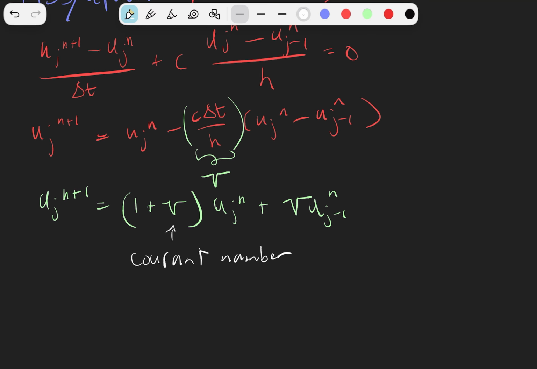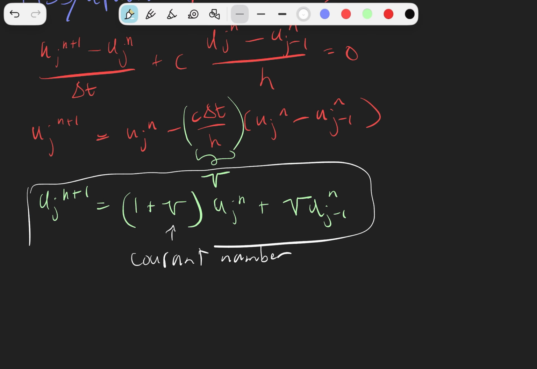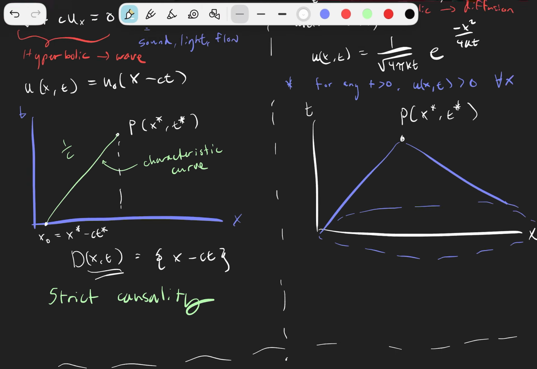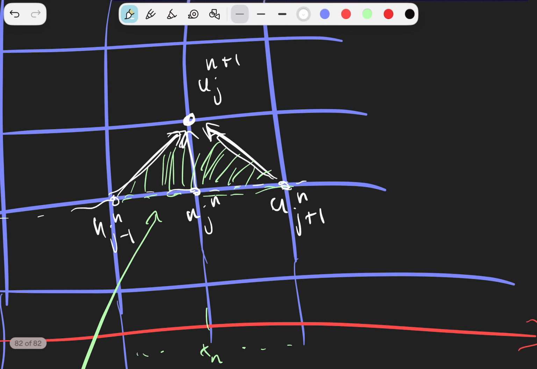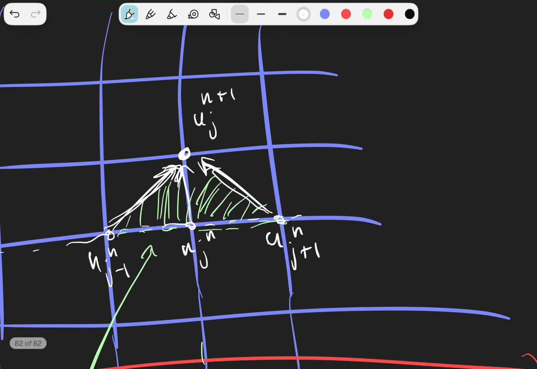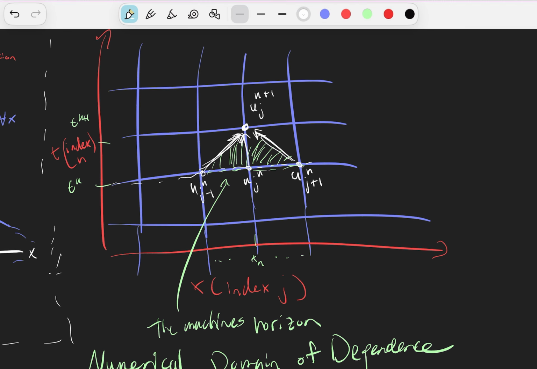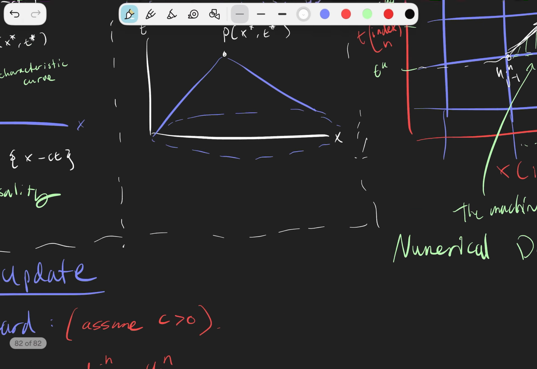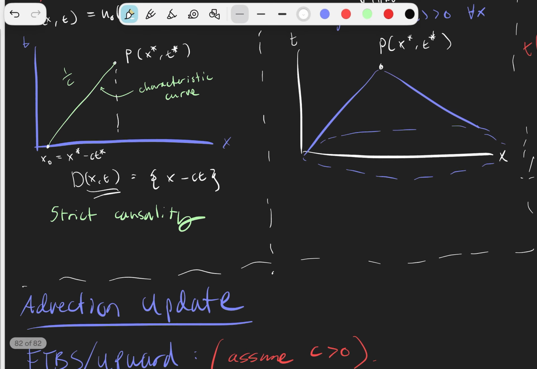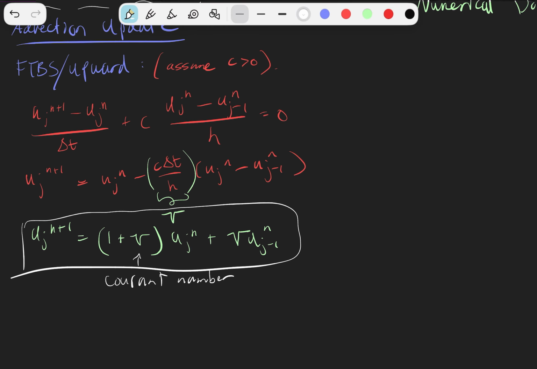But the interpretation of this Courant number, or really of this entire system, is that the future value is a weighted average. We're taking a weighted average of the current value and the upwind neighbor, so we're simply interpolating the wave as it passes. That's all we're doing. We're just getting the domain of dependence that we originally thought of and applying it.